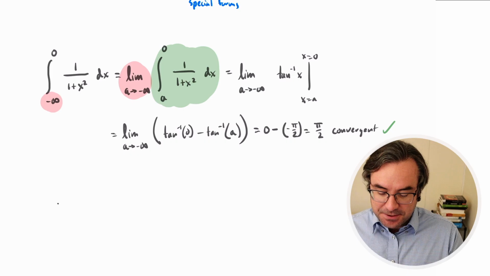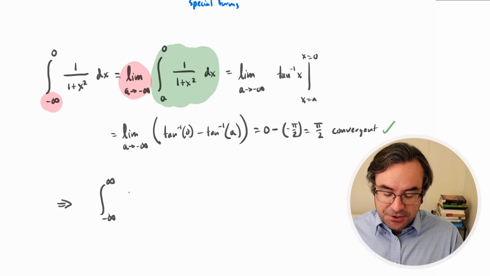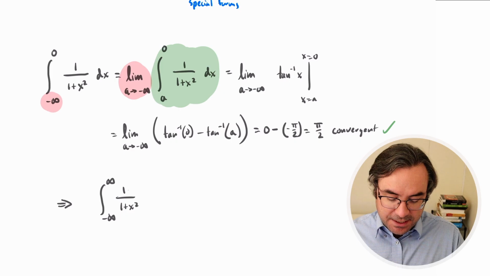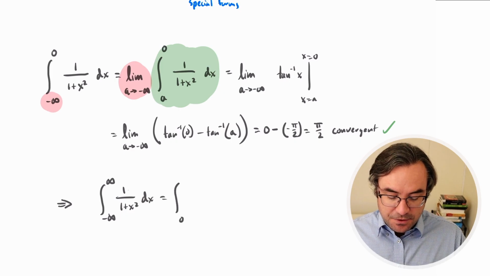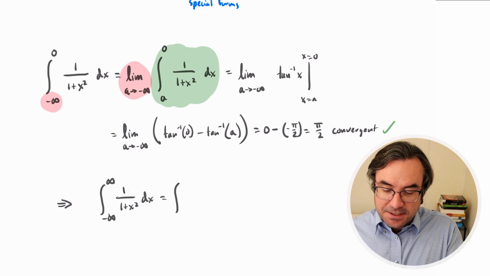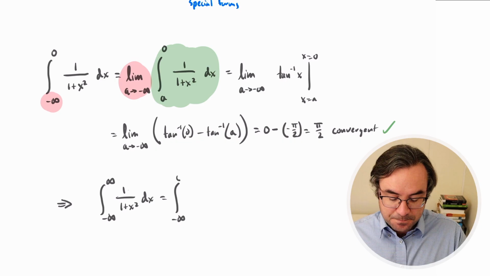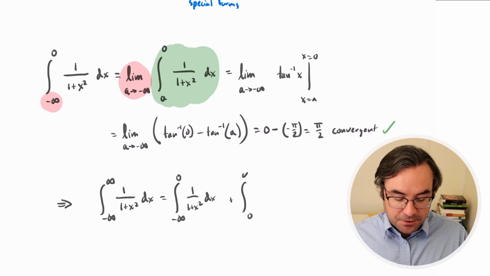So this means the improper integral from minus infinity to positive infinity of the function 1 over 1 plus x squared is actually just equal to the integral from minus infinity to 0 of the function, plus the other one, 0 to infinity.